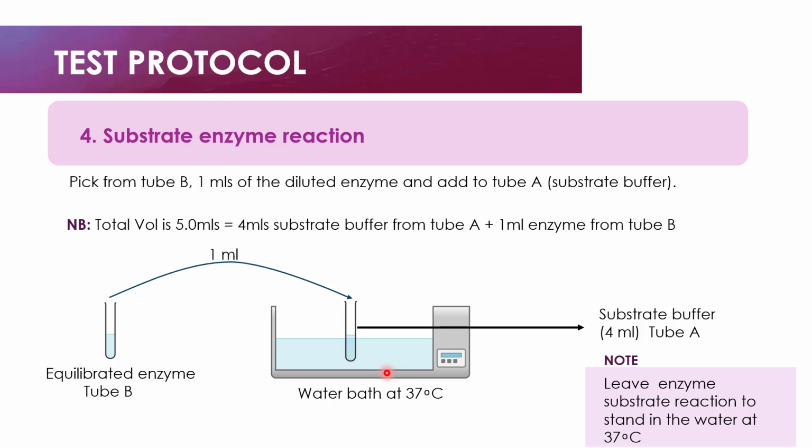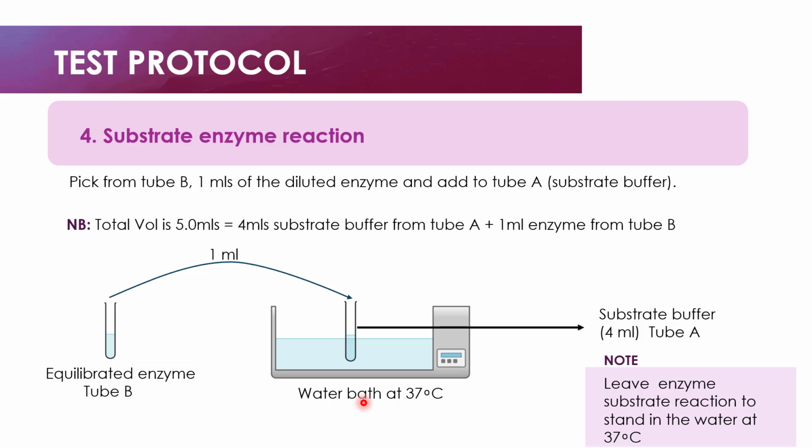The next is our substrate enzyme reaction. To do this, we pick from tube B, which happens to be our equilibrated enzyme, 1 ml, and add to our substrate buffer in test tube A. What we also have to note is that this reaction mixture has to be kept in the water bath at 37 degrees Celsius.